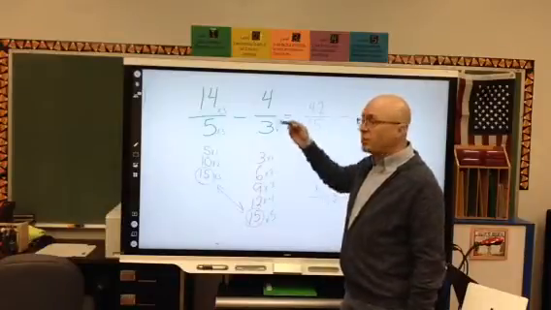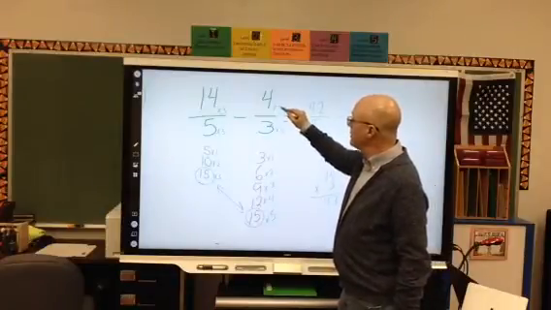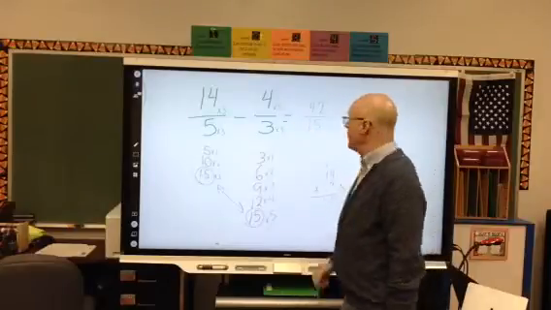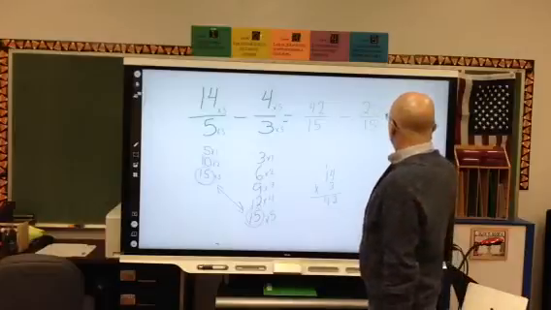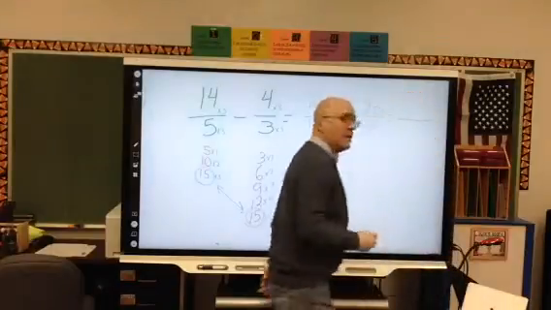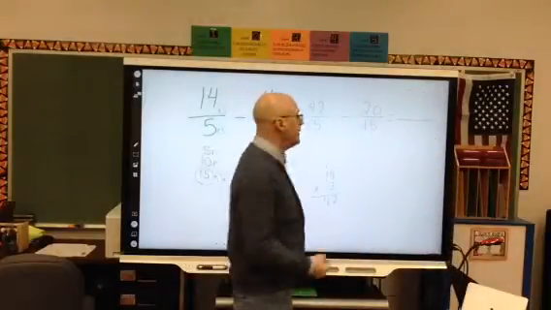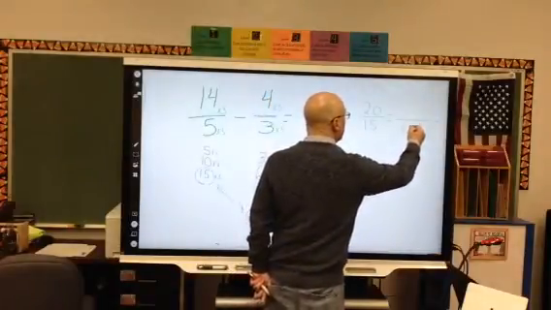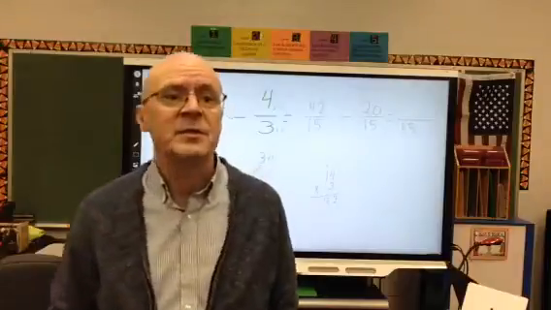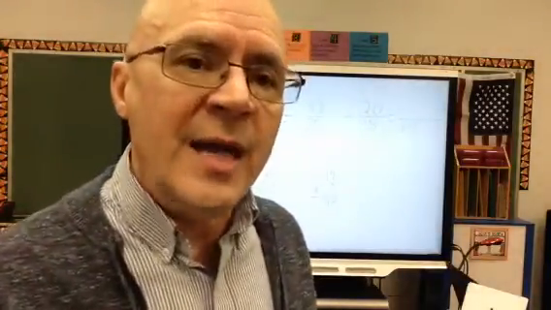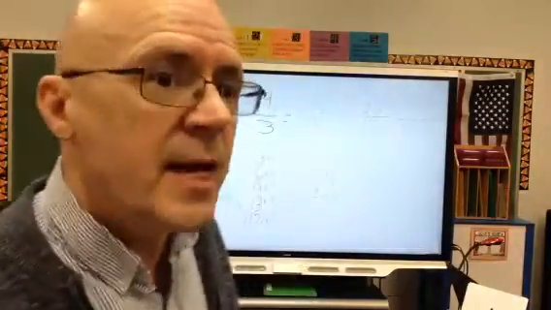So I also must multiply the 4 times 5, and 4 times 5 is 20. Right? Now in my answer, the denominator is going to remain the same. It's going to be 15. Okay, because when we add and subtract fractions, the denominator, or the bottom number, stays the same.